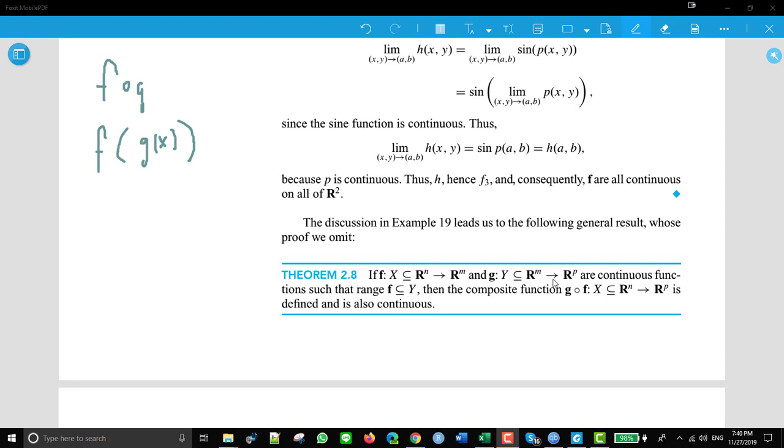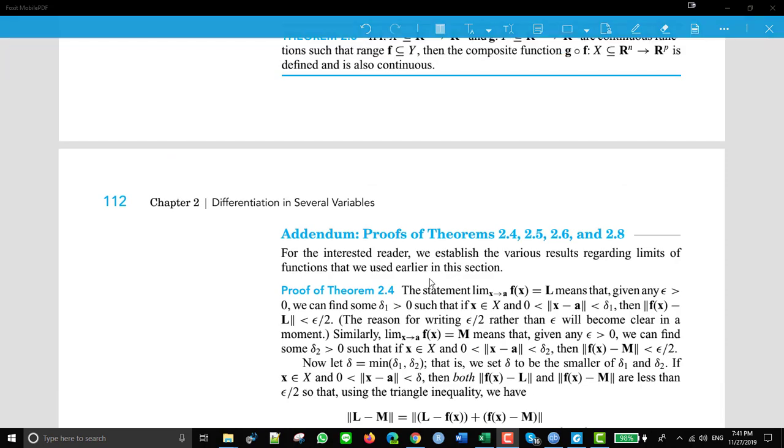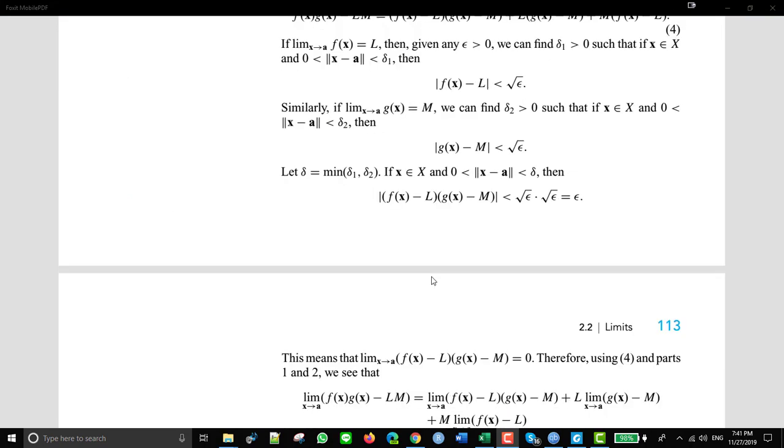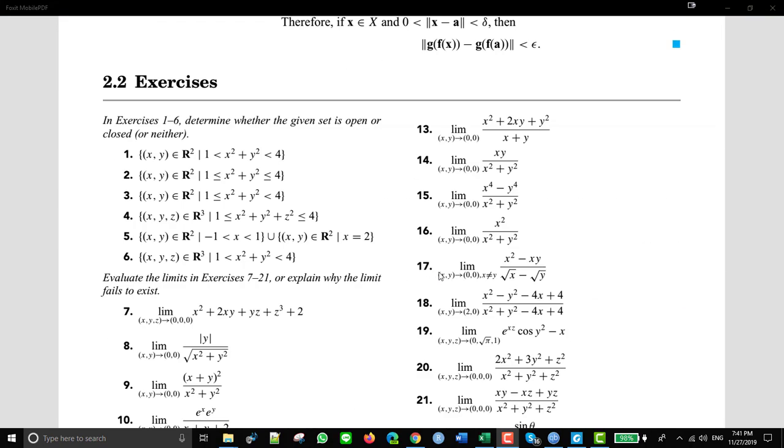So just think about it. Anyway, if f is continuous and g is continuous, then the composite function g circle f is continuous. Okay, and then we have the proofs come next. And then we have some problems which we'll do in the next video.